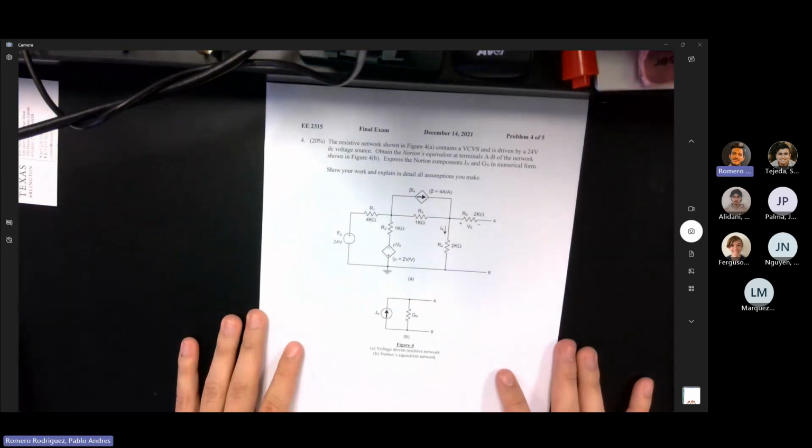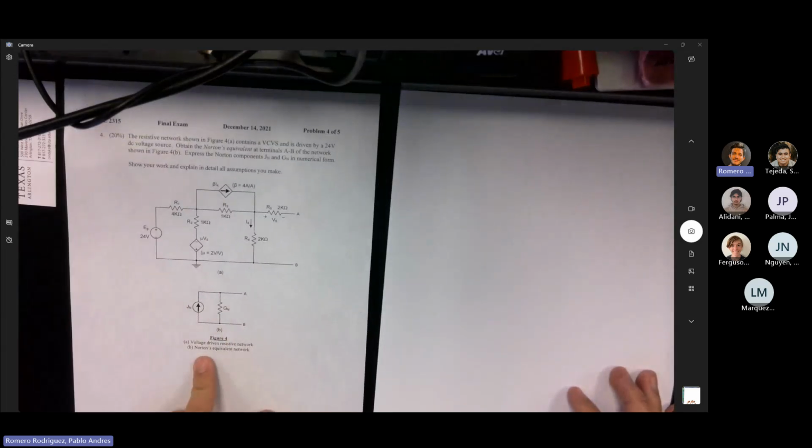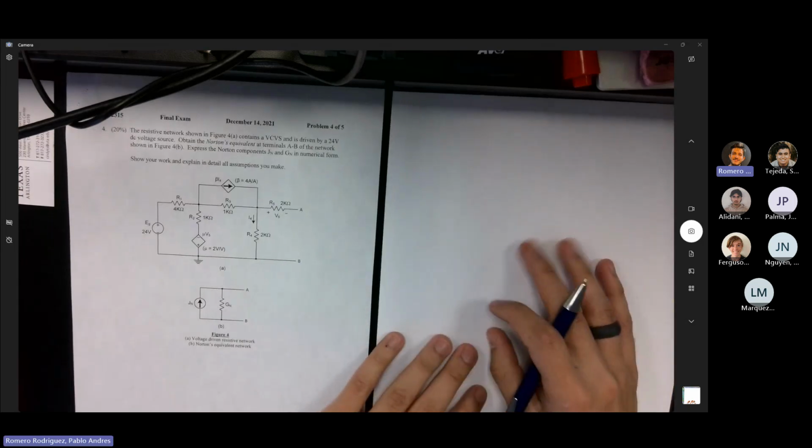This one's Norton's. Thevenin's, I can pull up an example from y'all. This is Norton's, yeah, but it's the same concept. I can for sure do one for each. Okay.